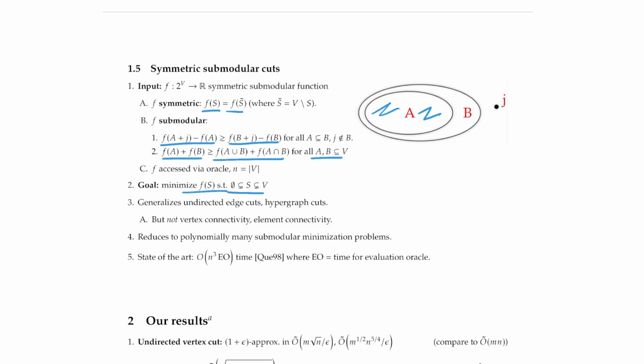But importantly, it doesn't generalize vertex connectivity and doesn't generalize element connectivity. This problem too, you can solve in polynomial time. You can reduce it to polynomially many submodular minimization problems. And the state of the art requires n cubed evaluation oracle calls.